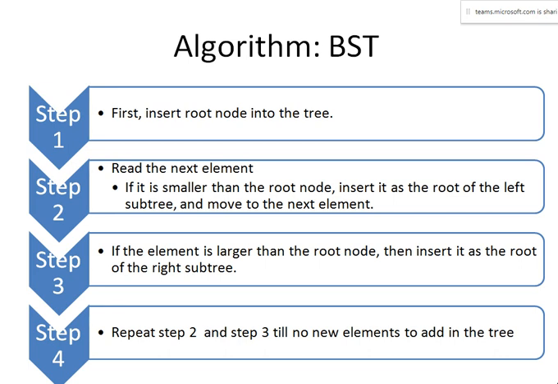Step number 3, if the element is larger than the root node, then insert it as the root of the right subtree. Step number 4, repeat steps 2 and 3 till there are no new elements to be added in the tree.